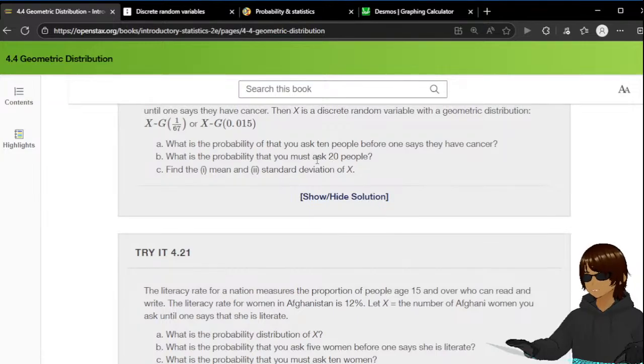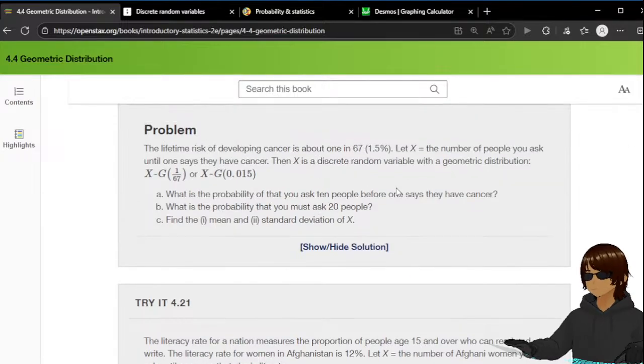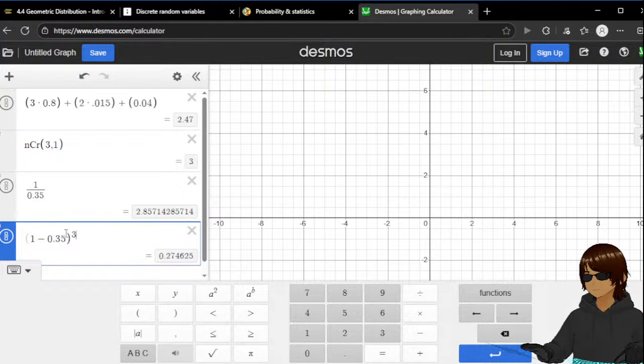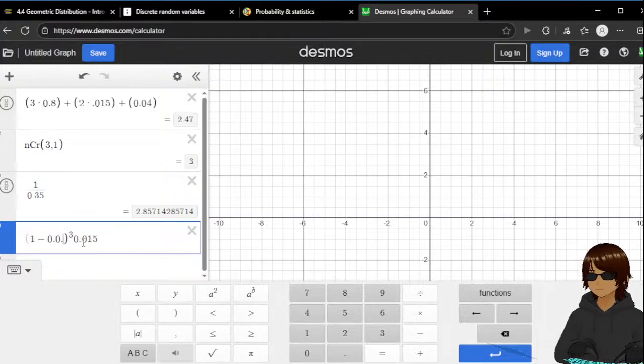What is the probability that you ask 10 people before one says they have cancer? The probability of success is 0.015. Probability of failure is 1 minus that.